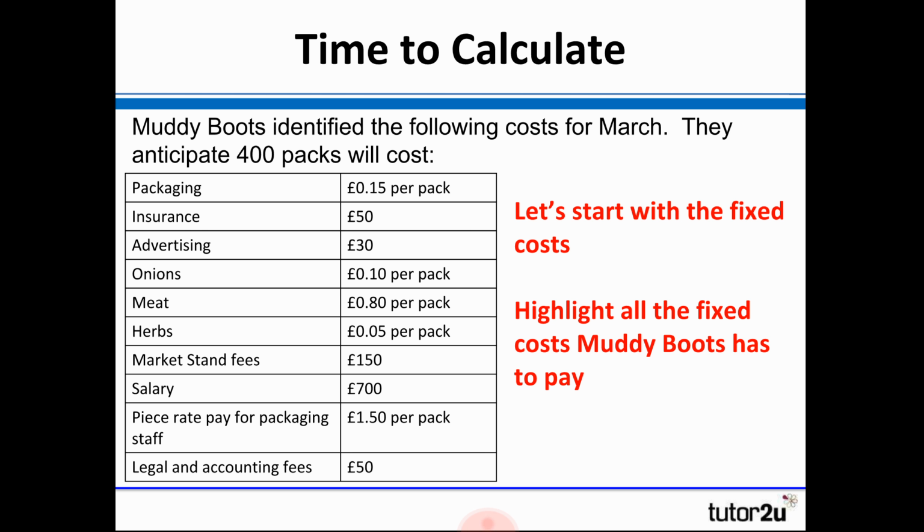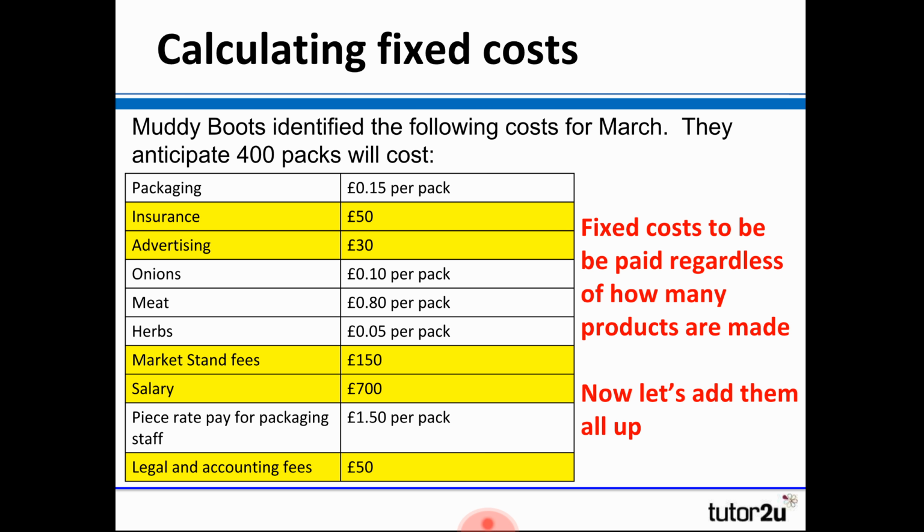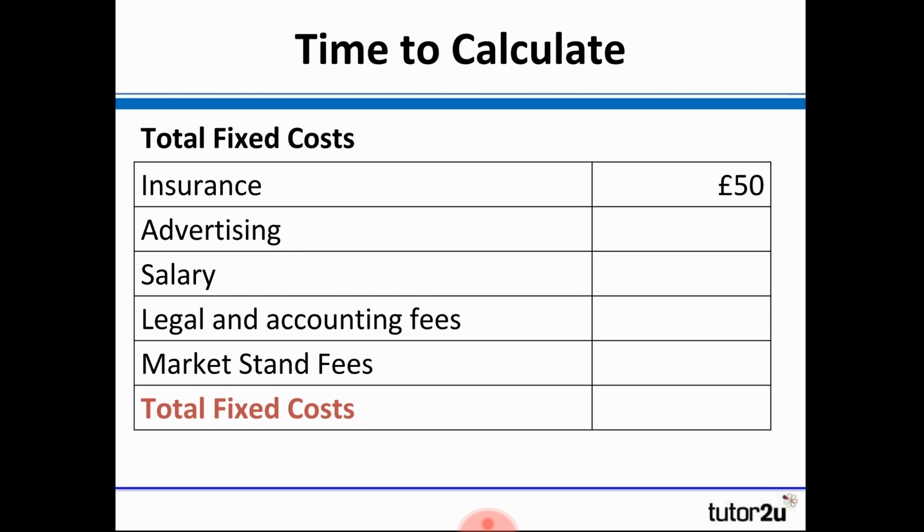So let's start by looking at those fixed costs. Highlight all of the fixed costs Muddy Boots has to pay. Here we go. Hopefully you've got the same. Now all we need to do is add them all up. So we have £50 for insurance, £30 for advertising, £700 for salaries, £50 for legal and accounting fees, £150 for market stand fees.